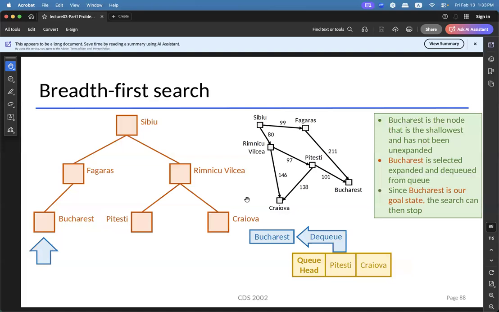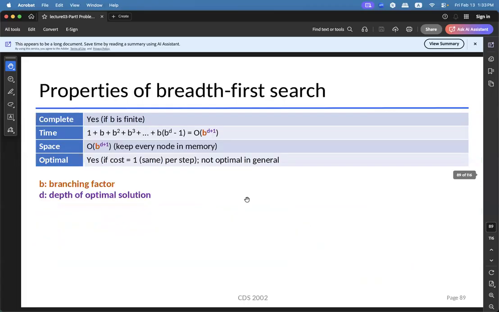So let's talk about complexities. For breadth-first search, it will always be complete, as long as the branching factor, that is the number of neighbors of each node, is finite.